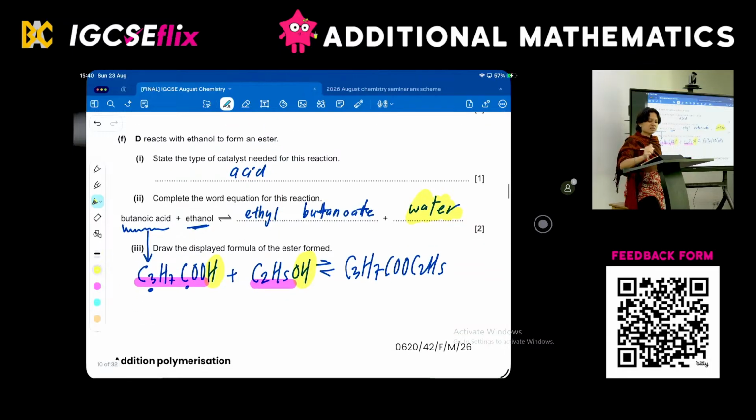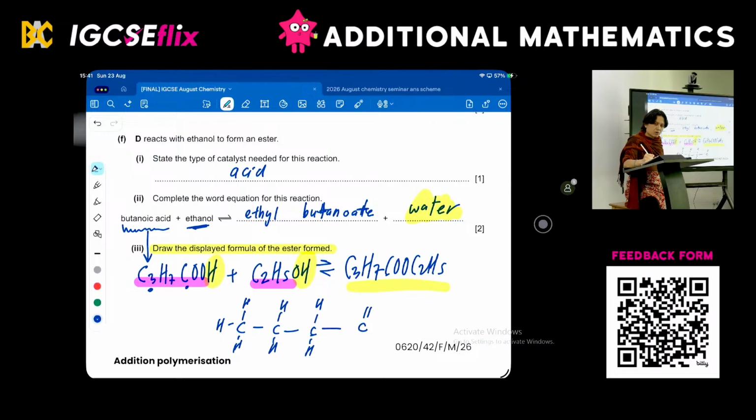Okay, what does the question want you to do? Draw the displayed formula. That means you're supposed to draw this. But if you don't know how it looks like, how to draw? So C3H7, C, O, O, C2H5.